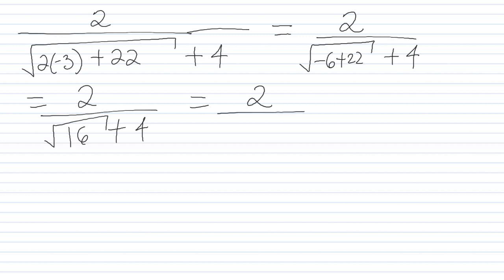So 2 divided by the square root of 16 is 4. 4 plus 4 is 8. So that would be 2 over 8. Therefore, we can simplify and we have our answer to be 1 over 4.